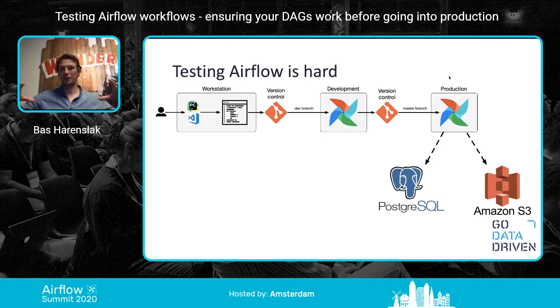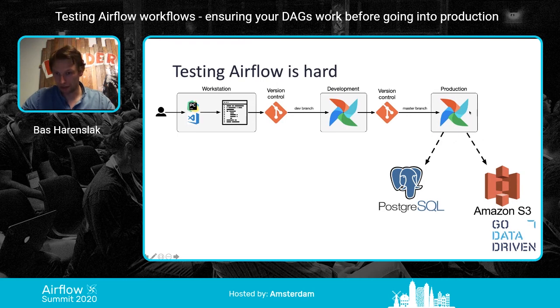And what people typically want to test is if their entire chain of events or workflow works as intended. So that's why I think that Airflow testing is kind of hard, because you have to ensure that the whole chain of events, or this whole integration of tasks, works as you'd like it to work.